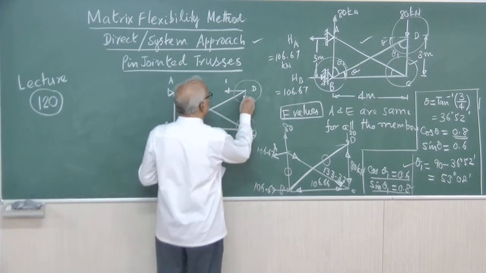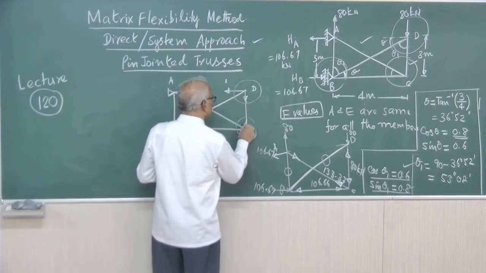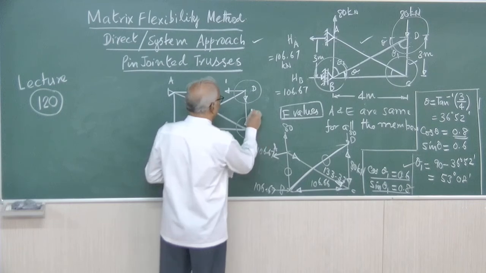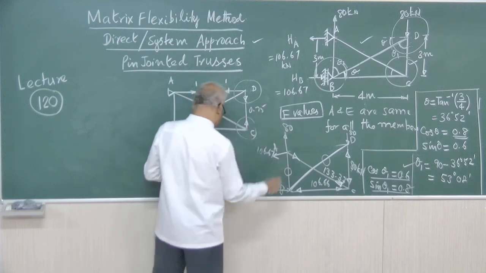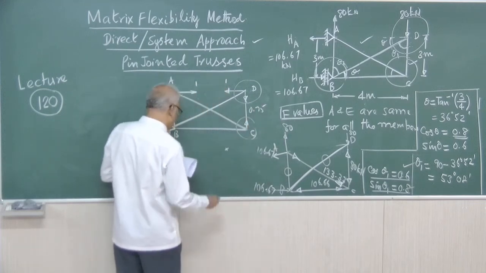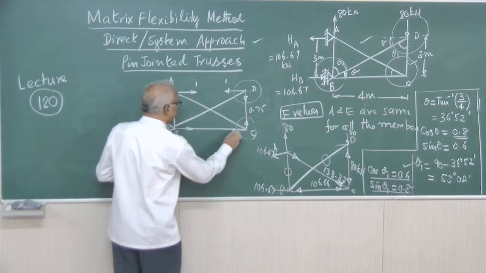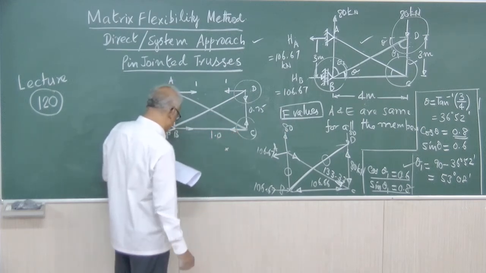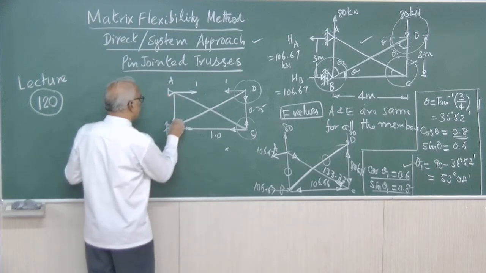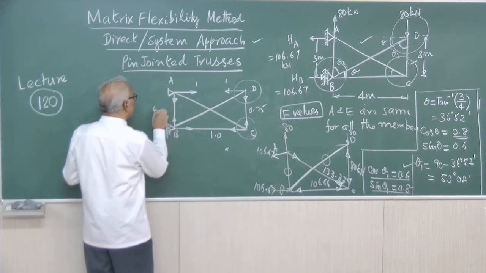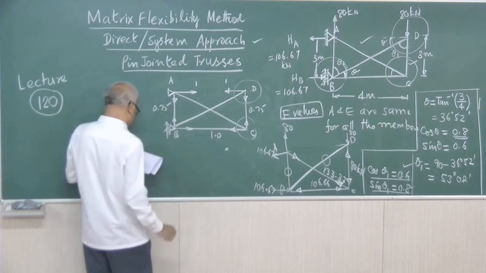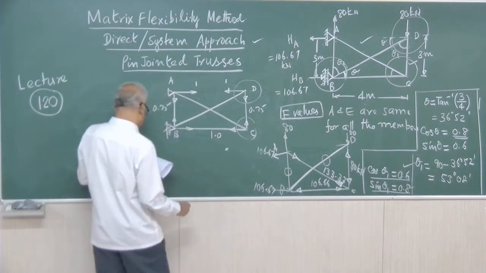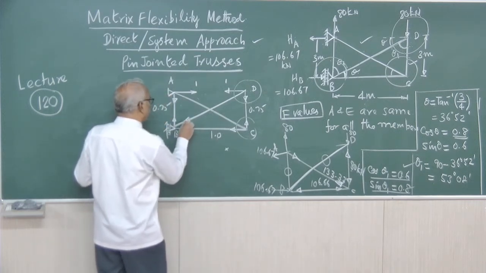This will be under tension. It is 0.75. This will be under tension. This will be 1.0. This under tension 0.75. This is compression 1.25.